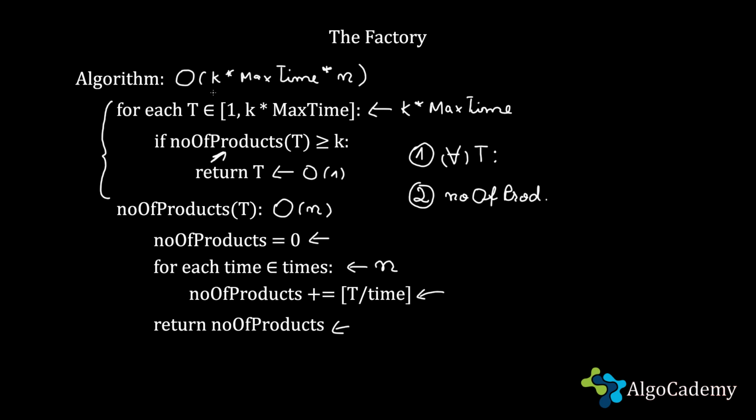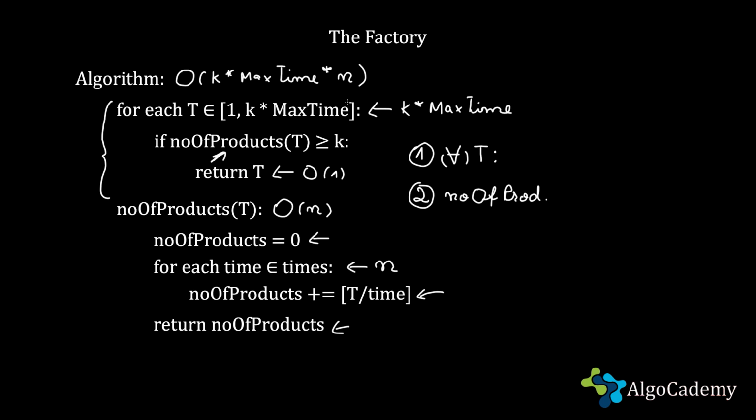Obviously, the first step does k crossed max time iterations, and the second one does n iterations, right? So in order for the final time complexity, which is the product of those two, to be optimized, we have to think about which one of them can actually get way smaller. Now, the number of products can't be optimized, unfortunately, because for each different value of t, the changes are not like, from time t to time t plus 1, only a couple of changes or stuff like that.